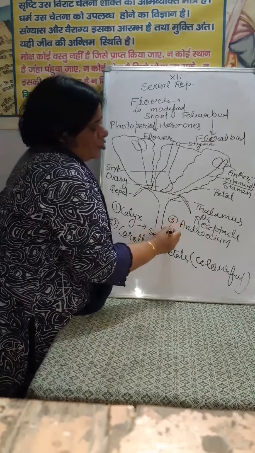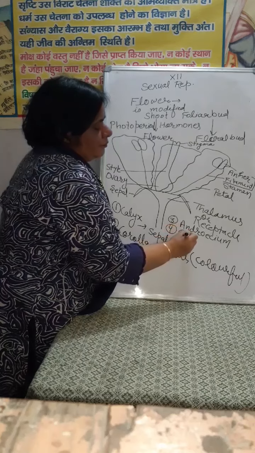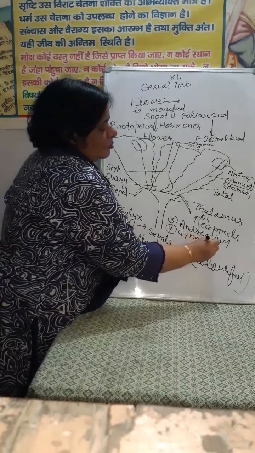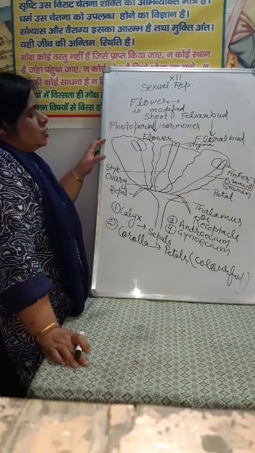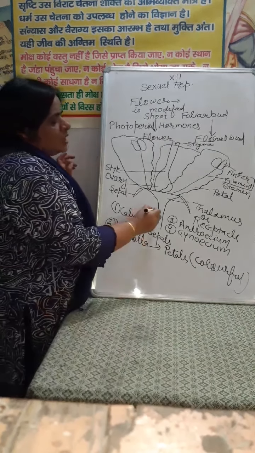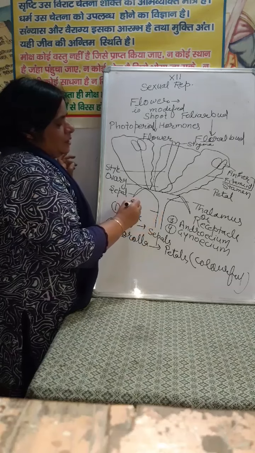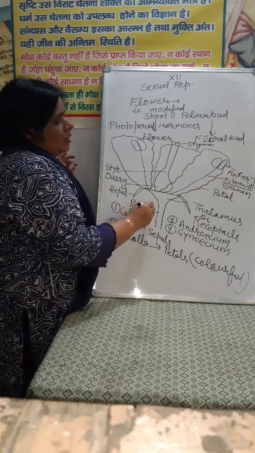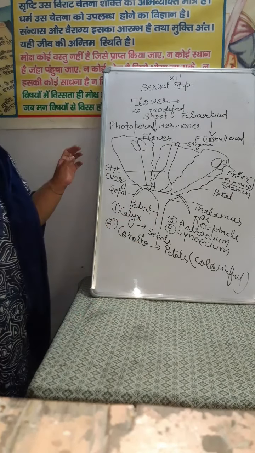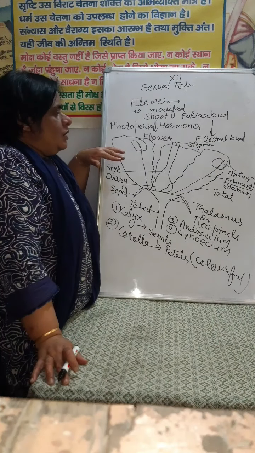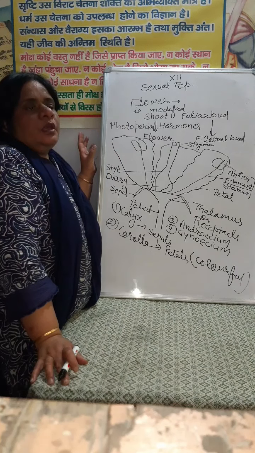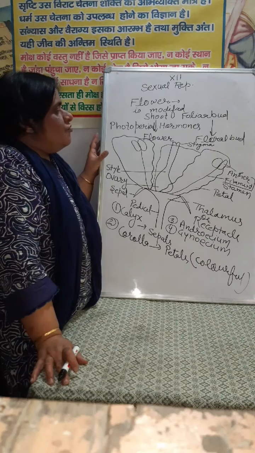Third part is androecium and fourth part is gynoecium. This is the structure of a typical flower, and the flower stalk is called pedicel. If the pedicel, that is the flower stalk, is present, then we call it a pedicellate flower. If this stalk is absent, then the flower is called a sessile flower.